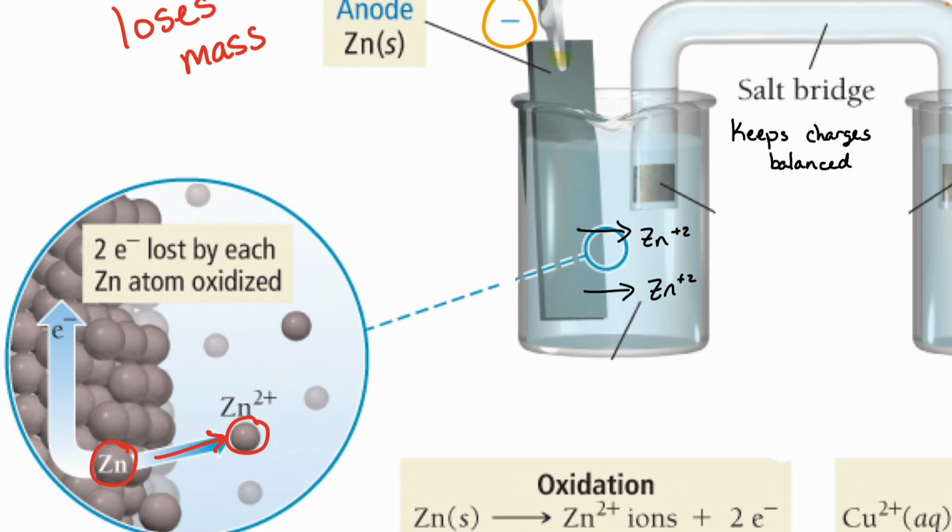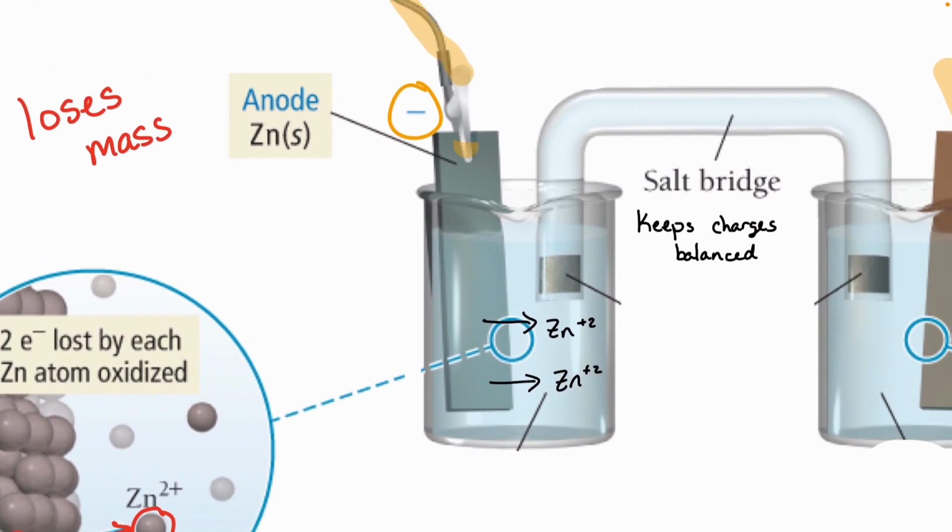So the only way that I can start dumping a bunch of positively charged ions into the solution is if they can be counterbalanced by negative ions. And so that's what our salt bridge is doing. We have this salt in our salt bridge. As these positively charged ions occur, it will start allowing negatively charged ions to flow into that solution. All right, help keep charges balanced.